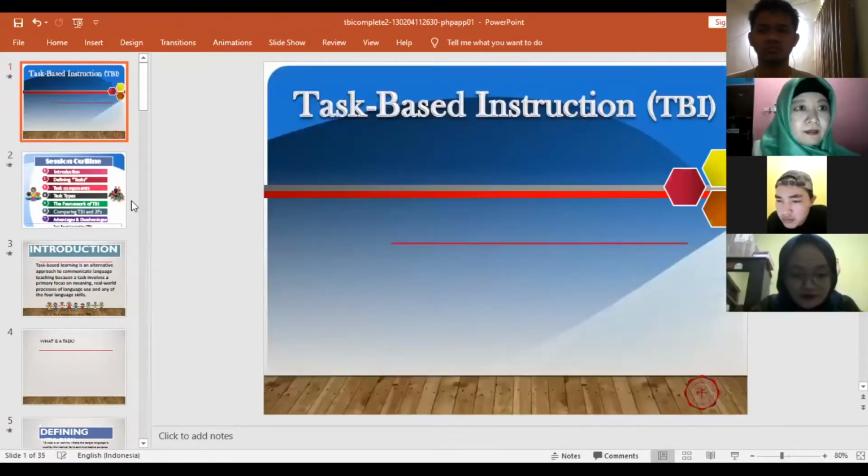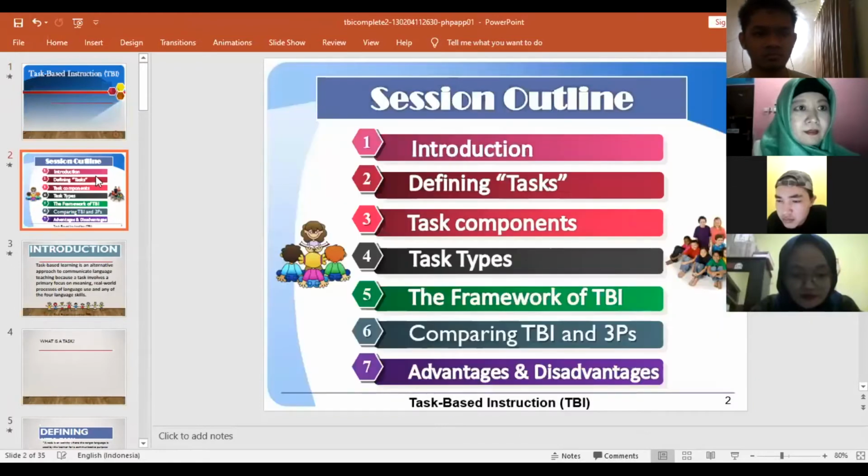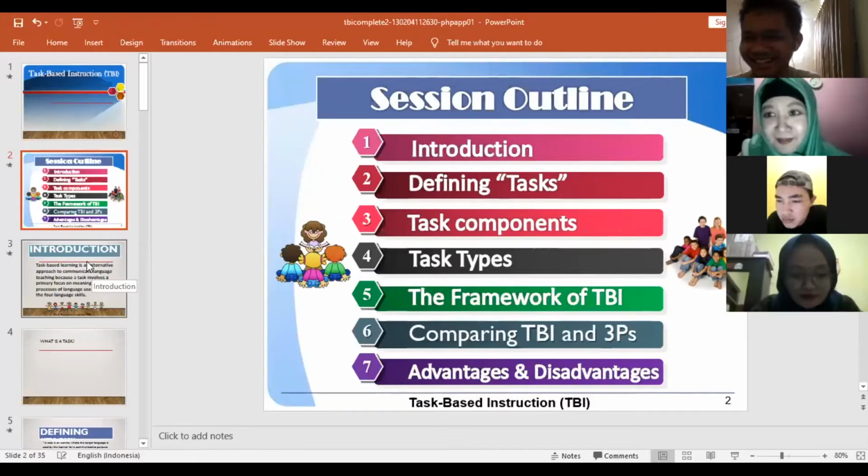What we are going to learn today is about kinds of tasks. I'd like to know what is in your mind about tasks. When you know about tasks, what is it? Homework. Assignment. Assignment that we should do. Exercise. A set of questions.